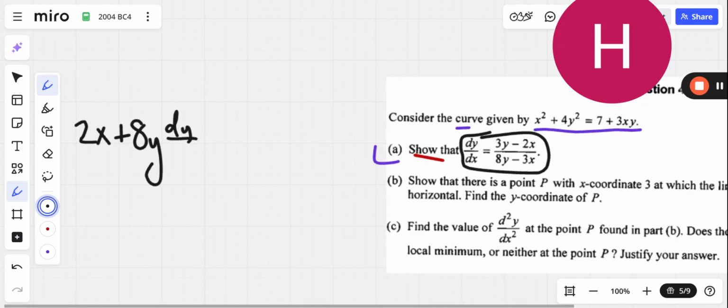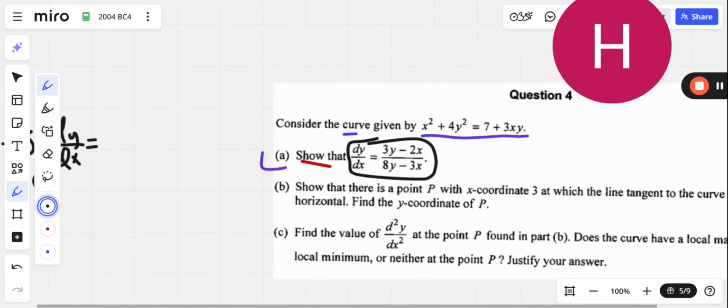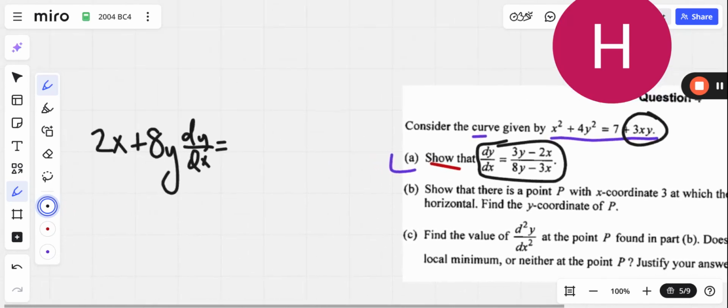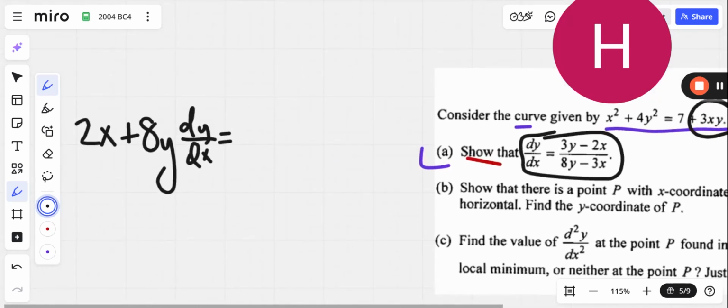When we do implicit differentiation, we're literally just replacing y with some kind of function, and so we have to use the chain rule. On the right side, the derivative of 7 is just 0, so of course that goes away. We have this product here, so we have to deal with that carefully. The derivative of that product is going to be 3y plus 3x dy/dx.